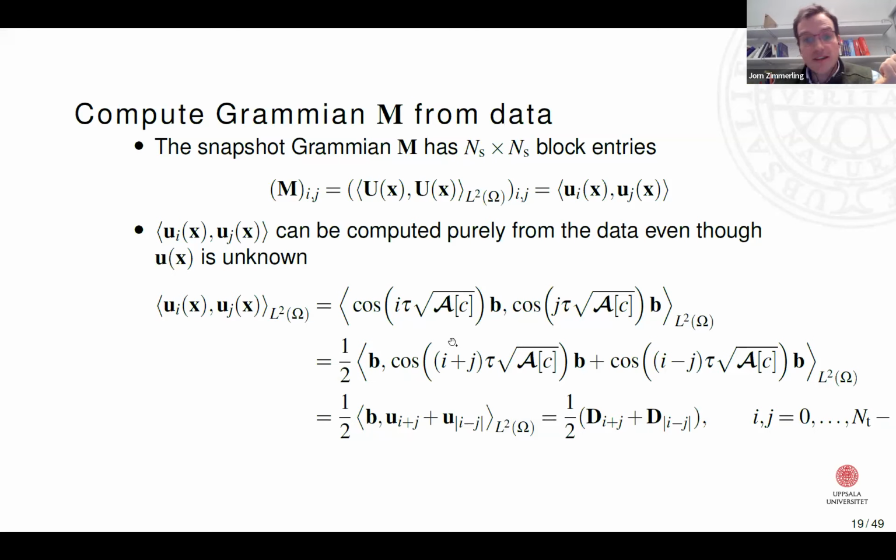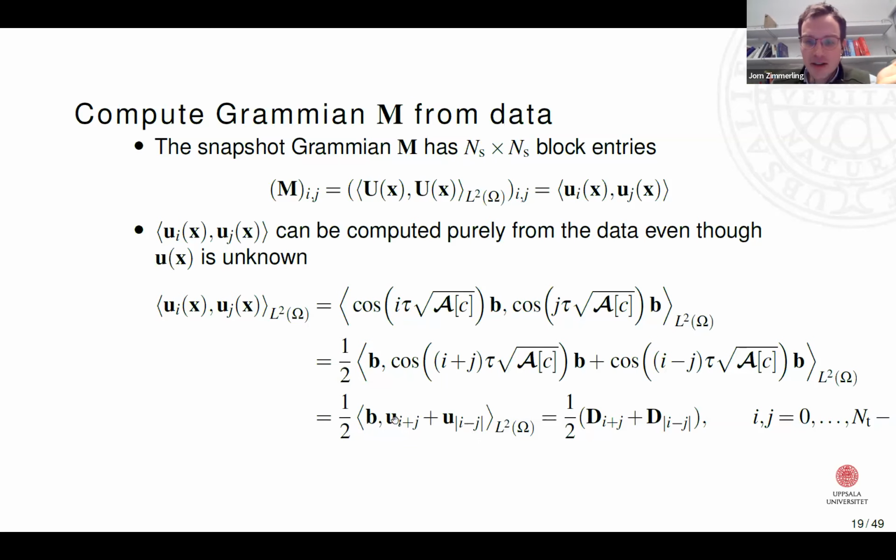And then remember that if we multiply two cosines, that's equivalent to taking the sum of the difference of the argument and the sum of the argument. So if we take the product of two cosines, we get the sum and the difference of the argument. And then we can realize that the sum and the difference of the argument are the field exactly at time step i plus j and at time step i minus j. And because we took an even extension in time, we've got an absolute value about i minus j.